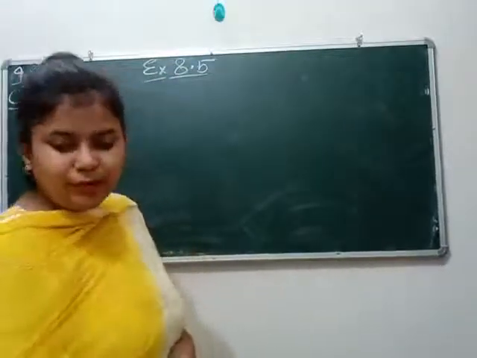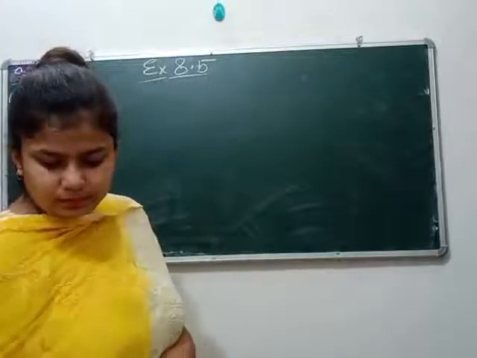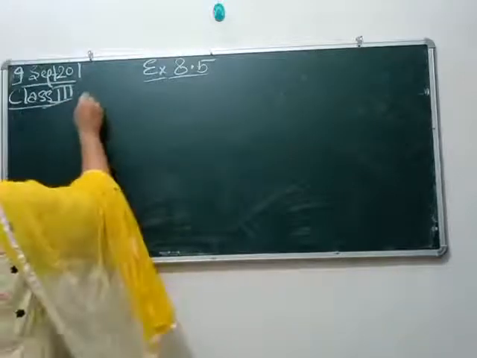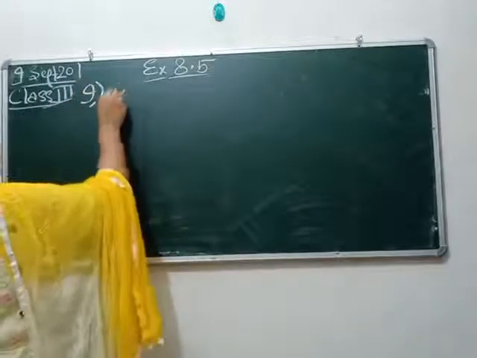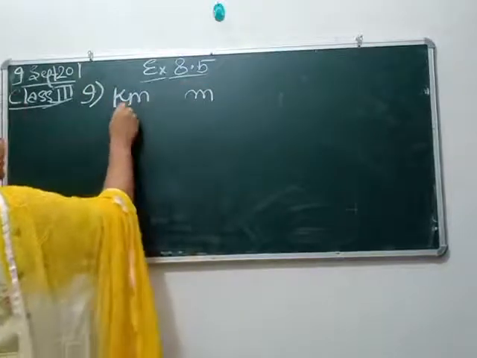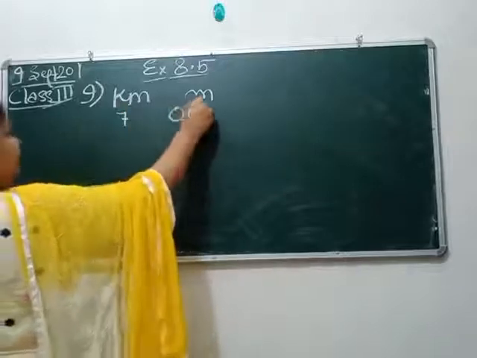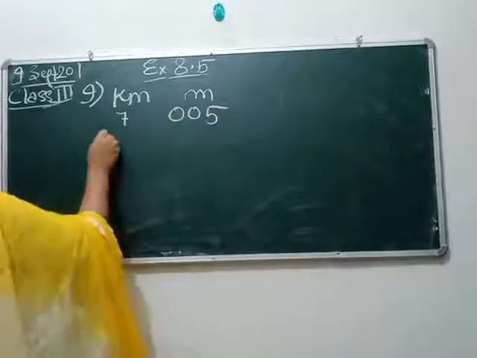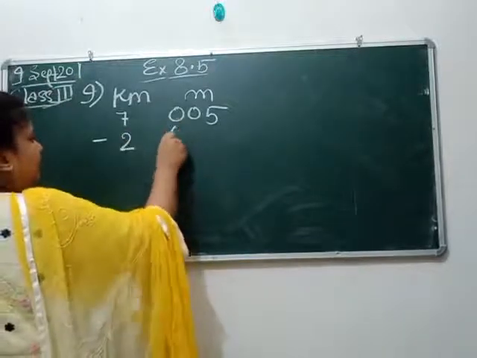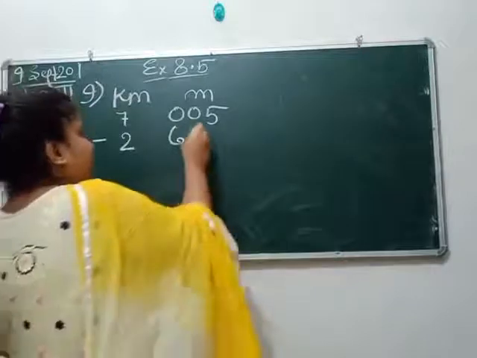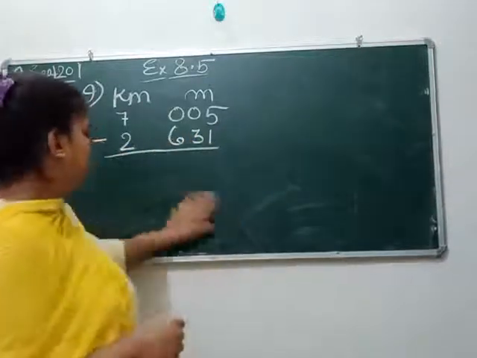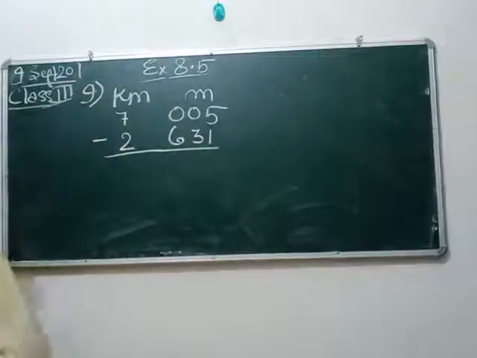Now, the next question is 7 kilometer 5 meter minus 2 kilometer 631 meter. Come on, do the subtraction here also and tell me the answer.